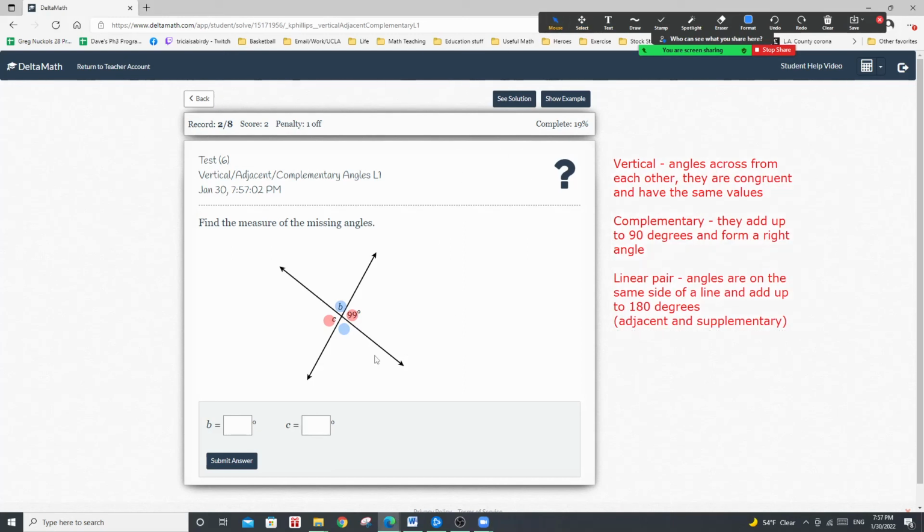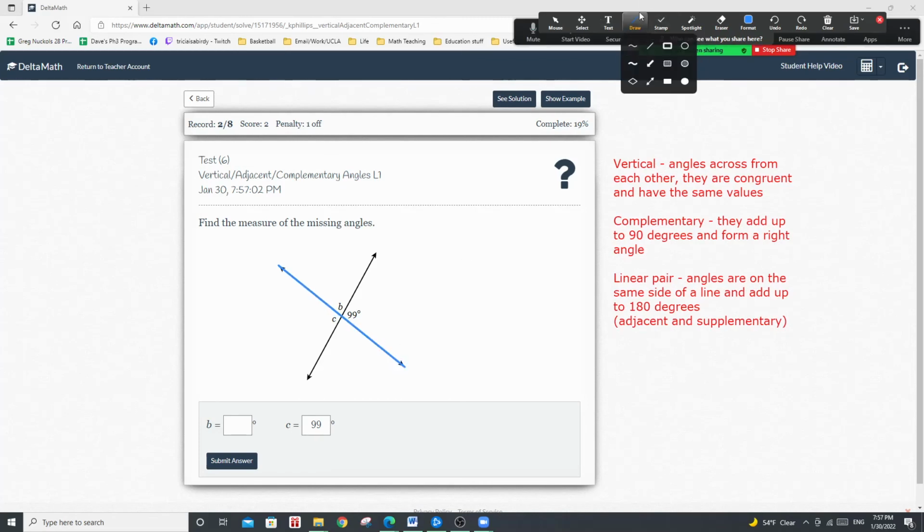So C is 99 degrees. That's the easy one. Then let's find the linear pair. Where B and 99, we can see if we cover up this bottom half especially. But here is our linear pair. Let's cover up this bottom half too.